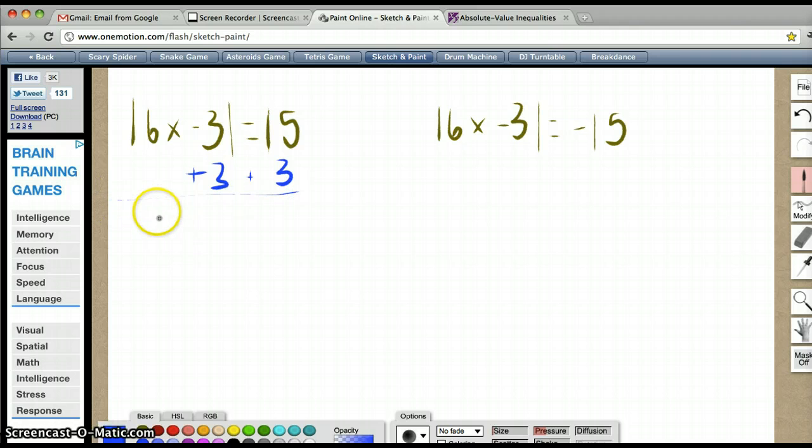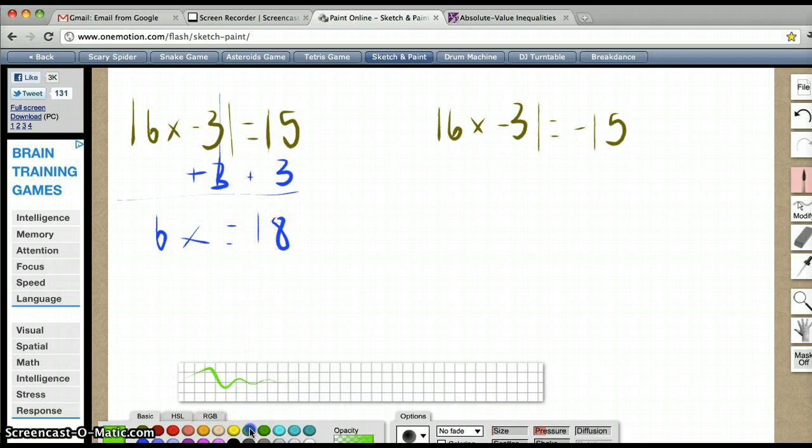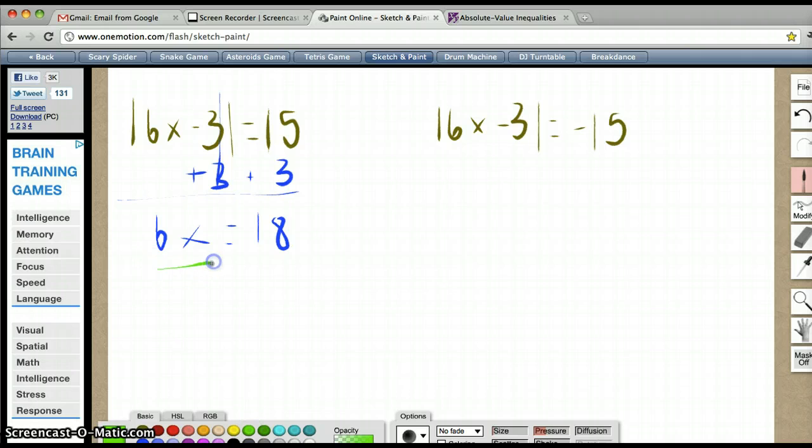Got 6x equals 18. And then we're going to solve for x. So we're going to divide by 6, and x equals 3 because 6 times 3 is 18.